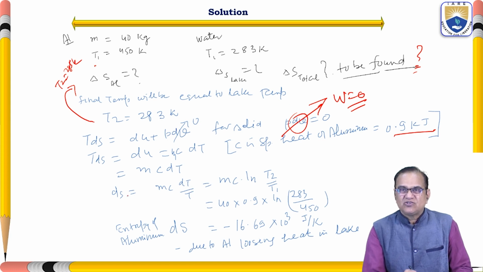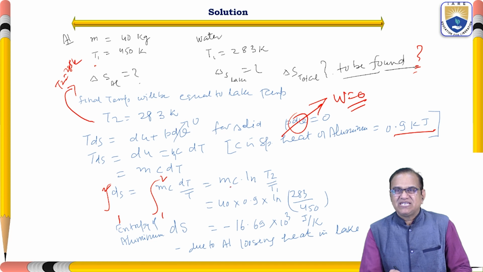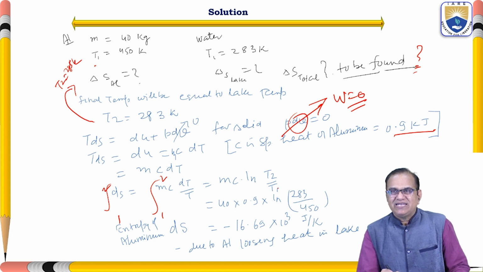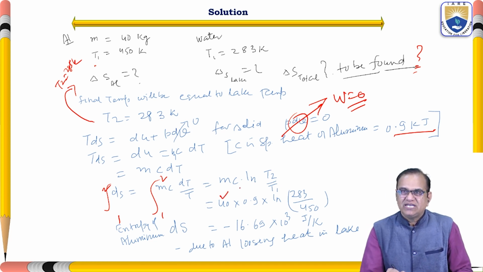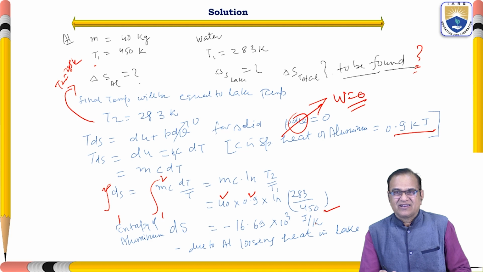So S is equal to the integral from 1 to 2, and you will get mC ln T2 by T1. M is equal to 40, C is equal to 0.9, T2 is equal to 283 and T1 is equal to 450. So you will get minus 16.69 into 10 to the power 3 joule per Kelvin.